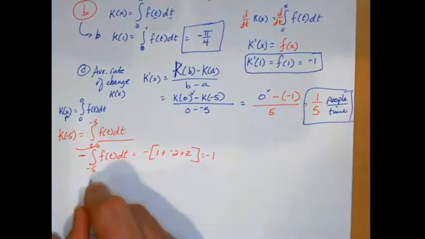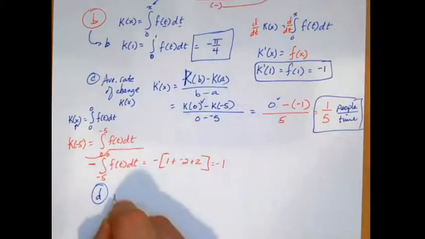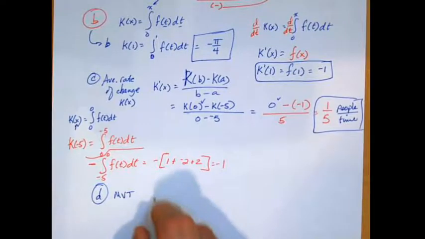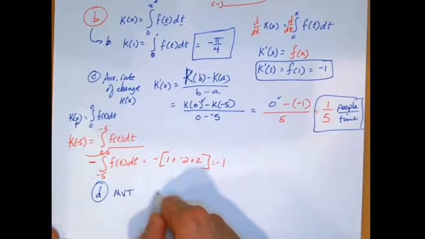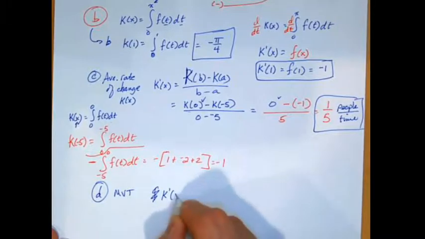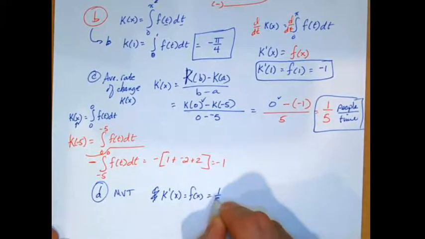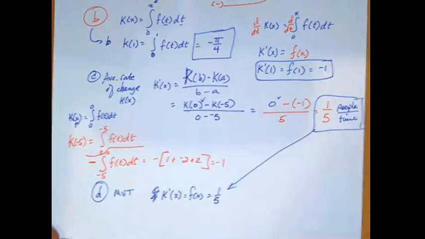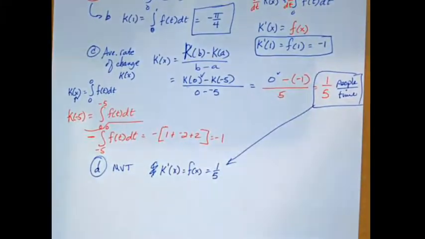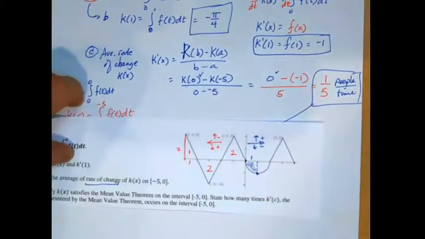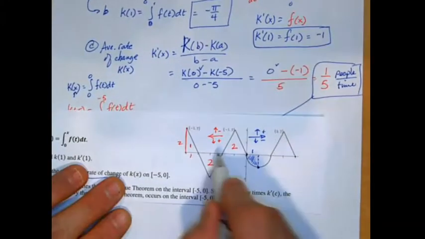Part D is the mean value theorem, and what we're looking to see is when K prime of x is equal to f of x. In this case, we found the average rate to be 1/5. So how many times will that value be 1/5?